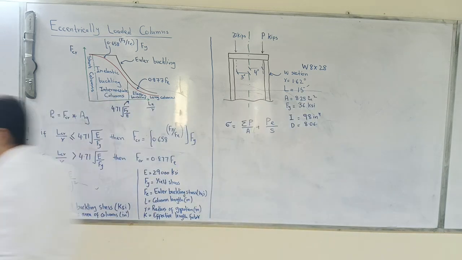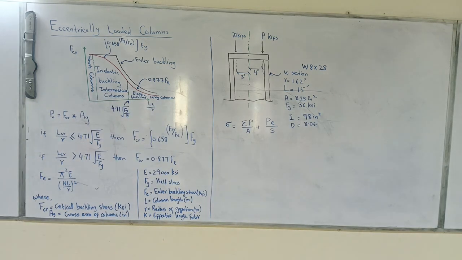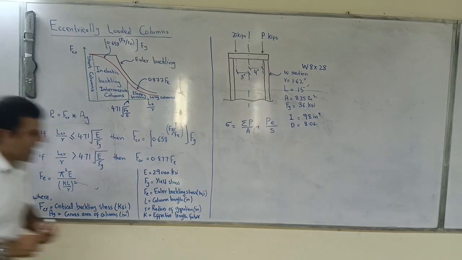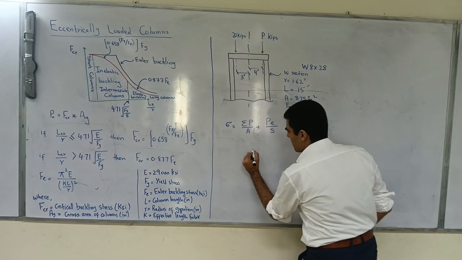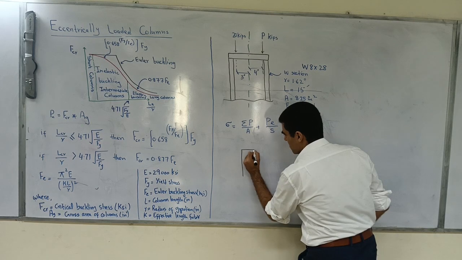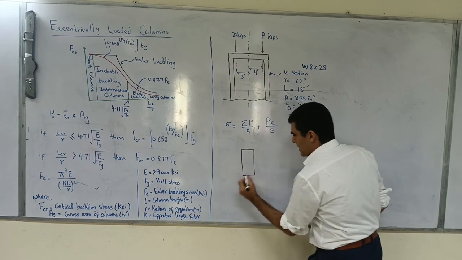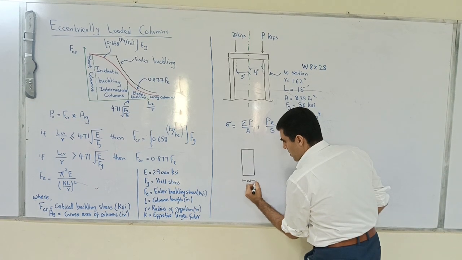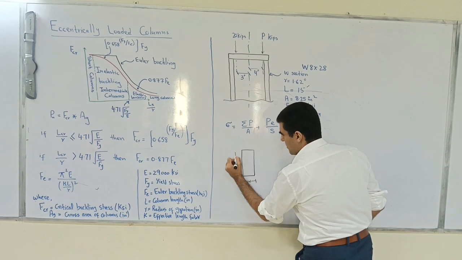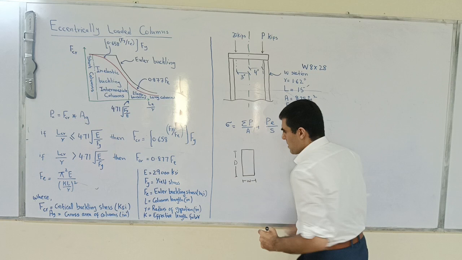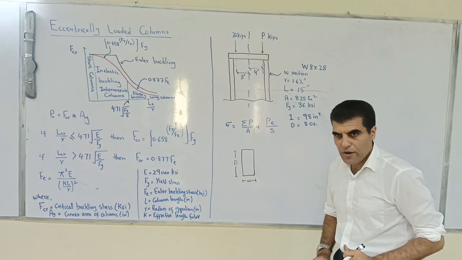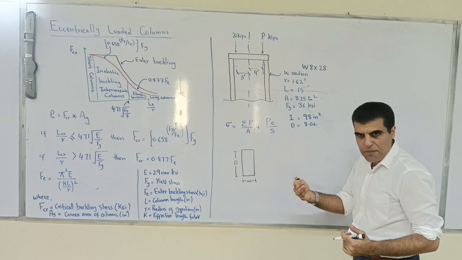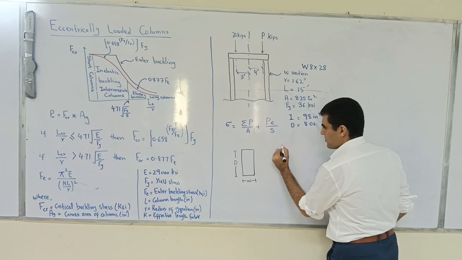So in other words, what I mean to say is that if I have got an area, this area will have width and this will have depth. Area is always made up of two dimensions. And then we have got a third dimension, which is the length.